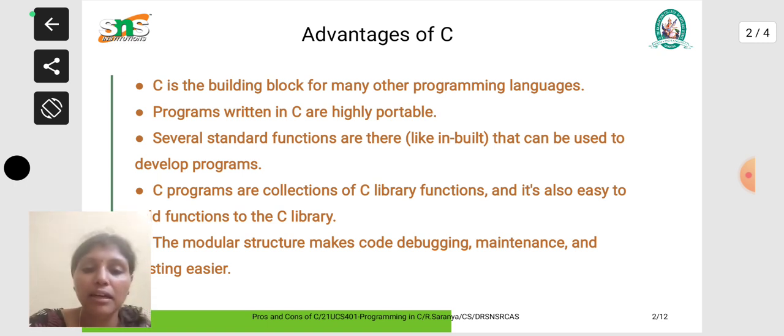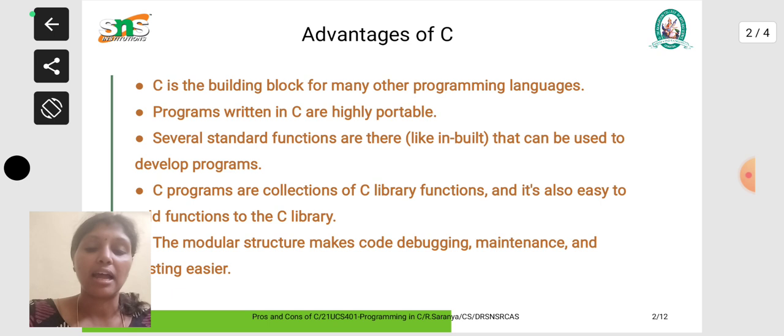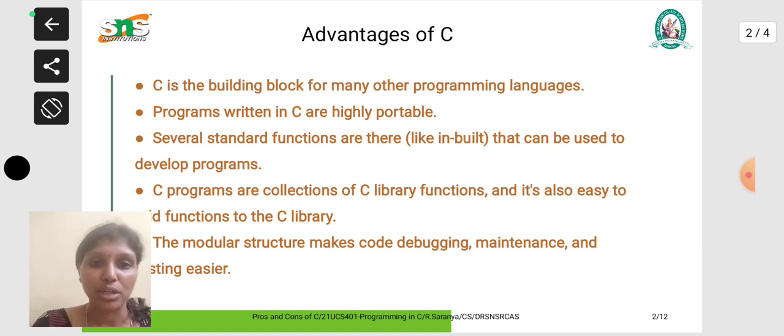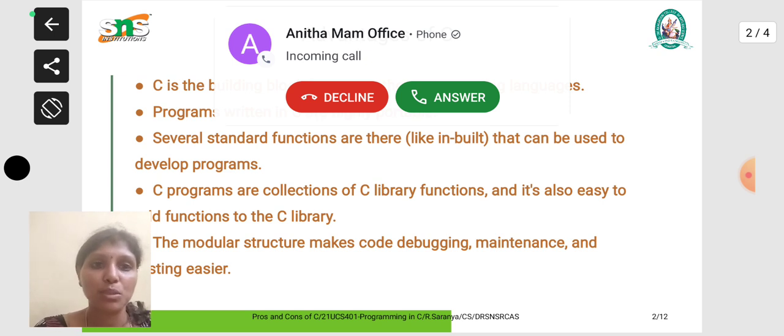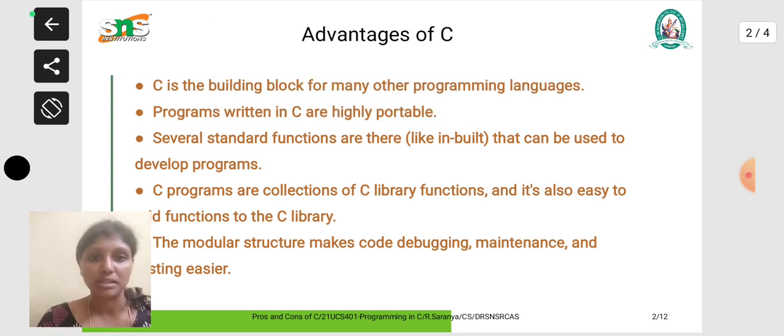Code debugging is very easy because of code modulation, that's none other than we split the code out into module by module basis, and then we solve the error issues. So it is very easy when compared to lengthy code. If you try to solve the error in lengthy code, instead of that we can use module concepts and then solve it in an efficient way. So that's why code debugging is very easy to process.